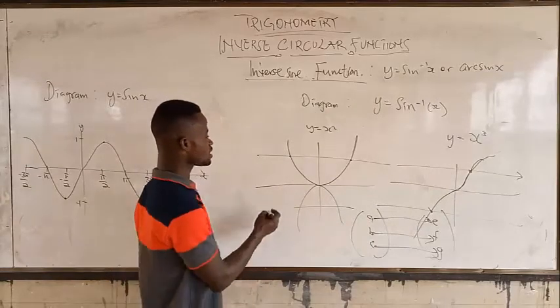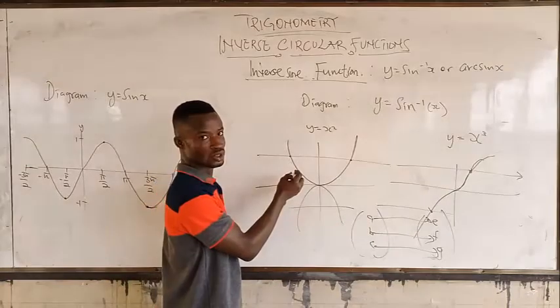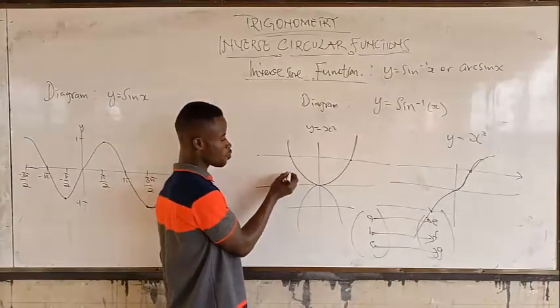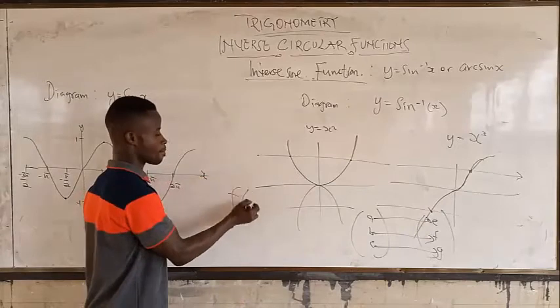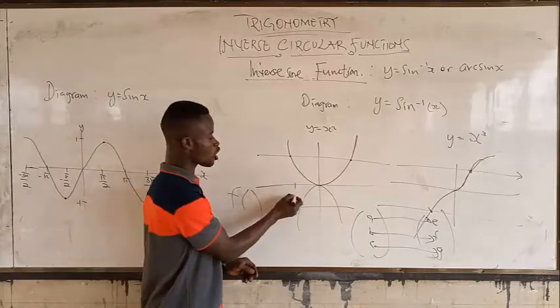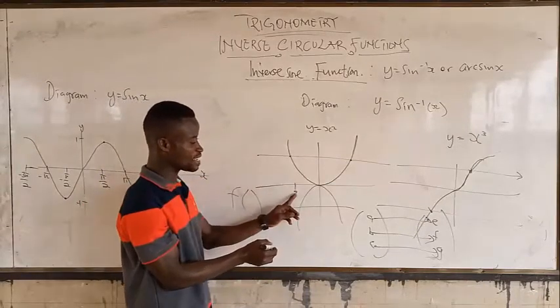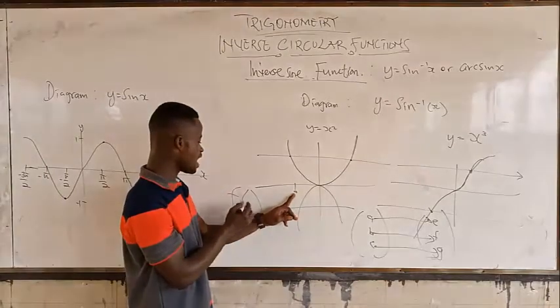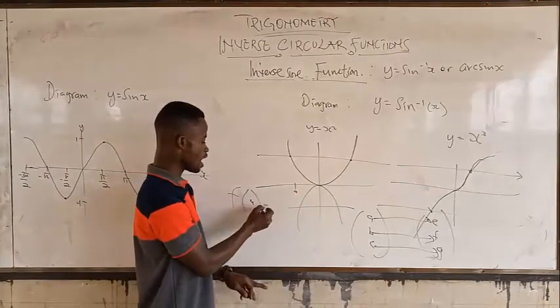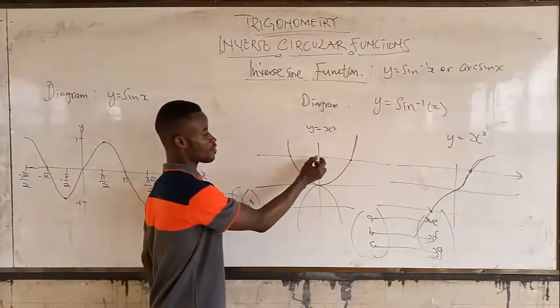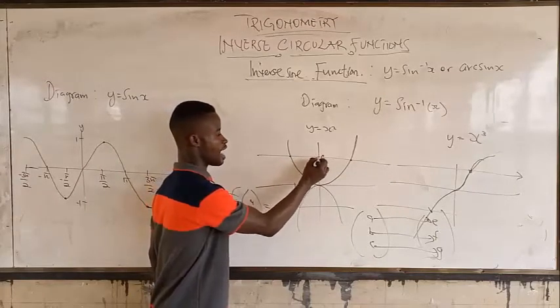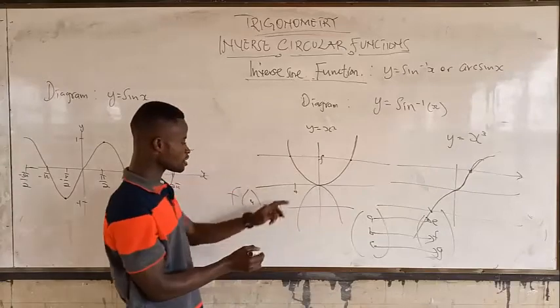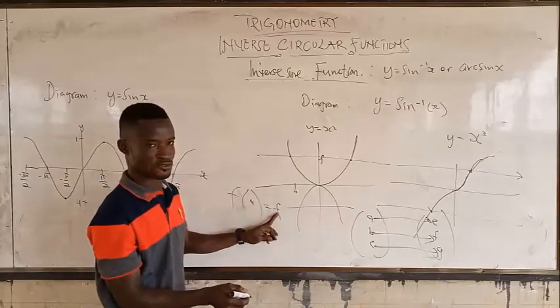But here you can see that when you put x to be equal to the number a here, the number a will give you a y value. Let's say this value is f. If you put a inside the function, you get f.